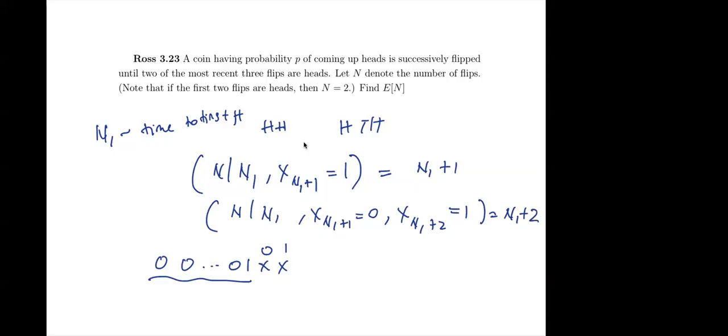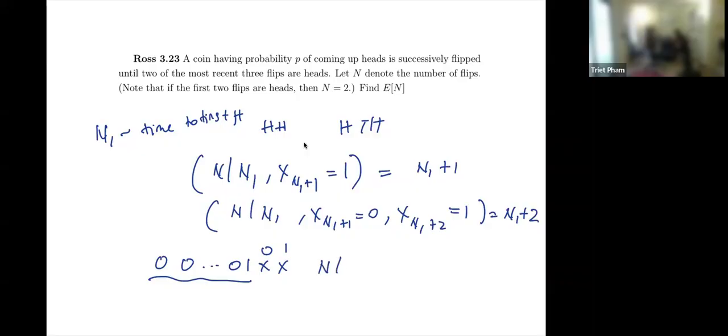And then if we have 2 zeros, then we will repeat ourselves. Is this okay? So these are the 3 scenarios we deal with.